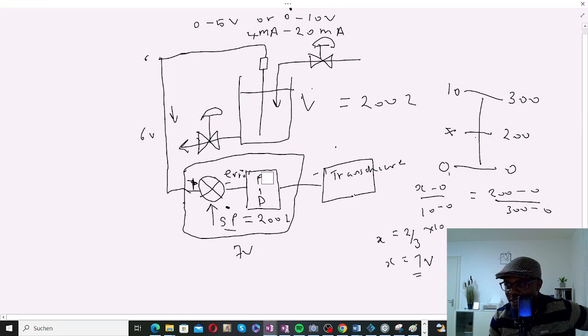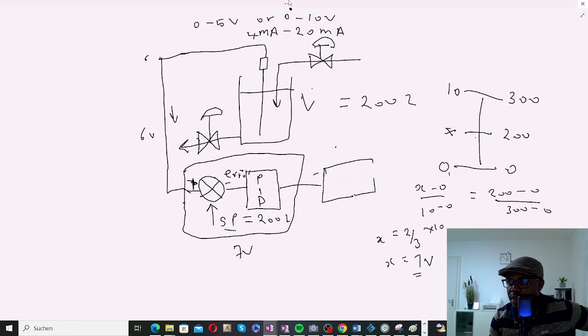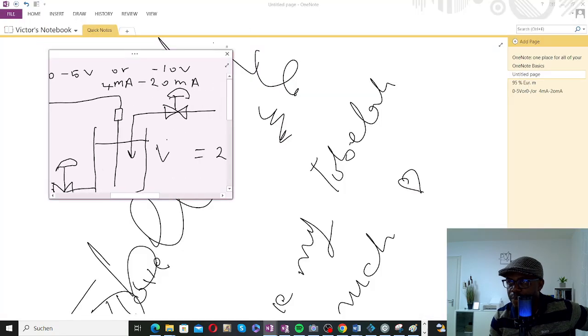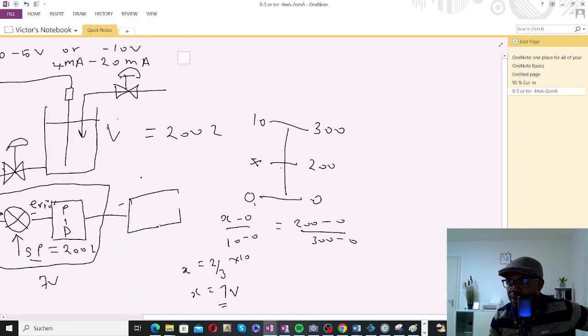The little mistake I made, let me take it off, and also the transducer spelling I wrote here. Okay, go back. So we go back to draw.